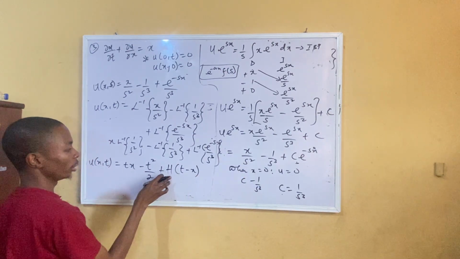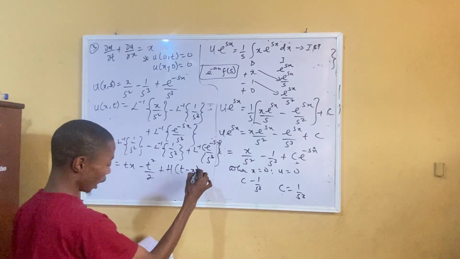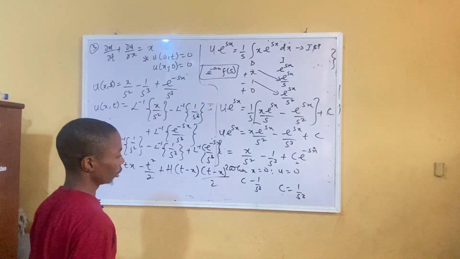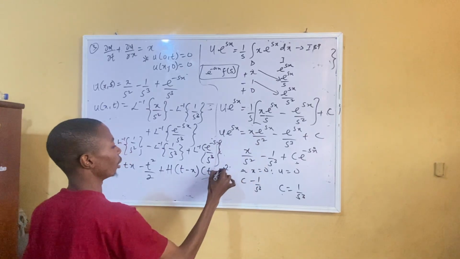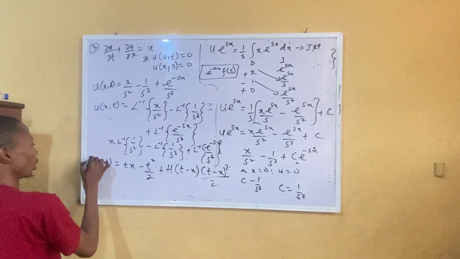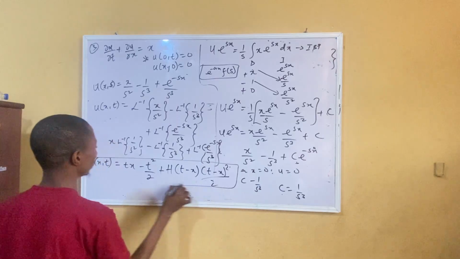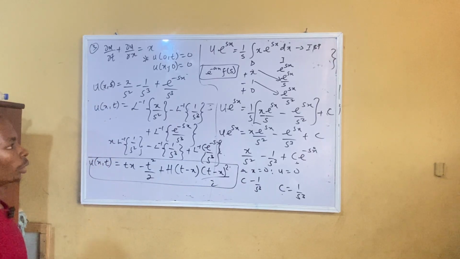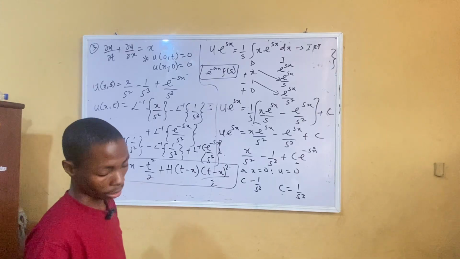This h is called the Heaviside function, times t minus x all squared over 2. So that is the inverse Laplace of e to the minus xs over s cubed. So that is how we transform this s to space and time. All right. So that is it. So thank you.